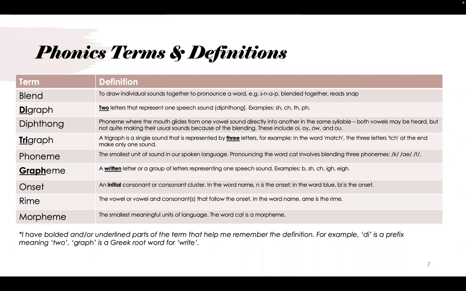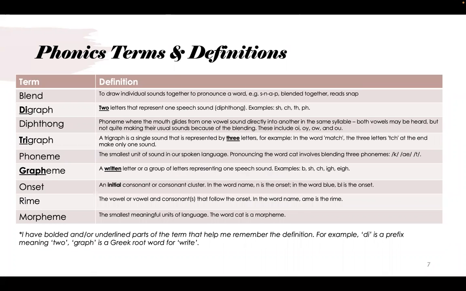In the word blue, bl is the onset. The onset is everything before the vowel in a word. The rhyme is the vowel, or the vowel and then the consonants that follow.